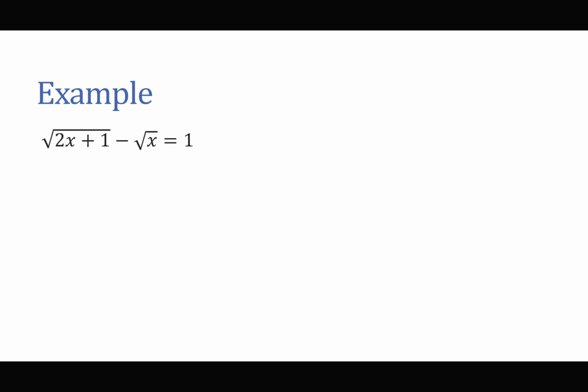Now something like this, we do have 2 radicals going on. And if we move, again, we want to isolate one of the radicals. So I'm going to take this and add it to the other side. But now I have a binomial 1 plus root x.